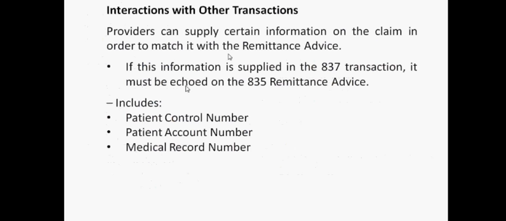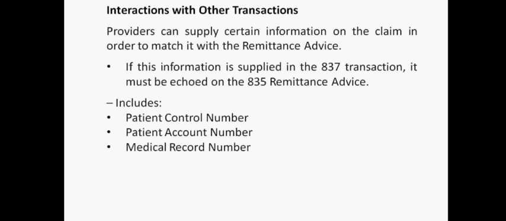Okay. Before we jump into the transactions, we want to let you know there are three critical pieces of information that are common. When you receive a transaction, for example a claim from a provider, it consists of a patient control number, a patient account number, and also a medical record number.